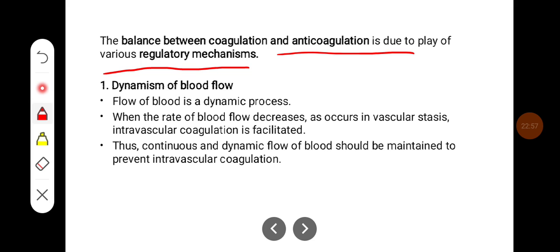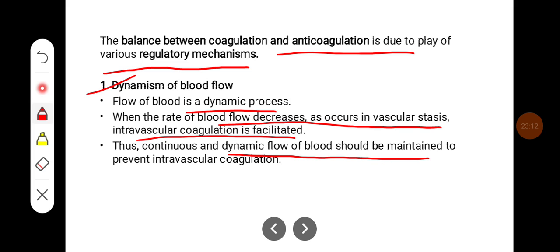The flow of blood plays a very important role. The flow of blood is a dynamic process. When the rate of blood flow decreases, as occurs in vascular stasis, intravascular coagulation is facilitated. Thus, continuous dynamic flow of the blood should be maintained to prevent intravascular coagulation.